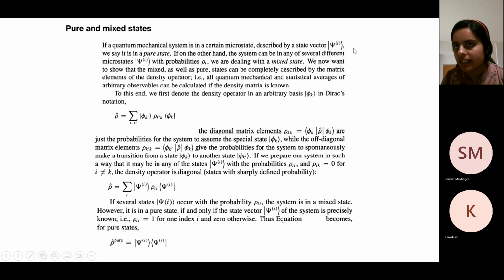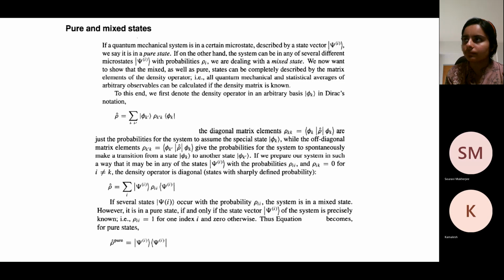So you can write psi as a1 phi 1 plus a2 phi 2. So psi is a linear superposition of certain eigenstates depending on some basis. But even that can be a pure state, because your system is then described by this single state vector or single wave function psi.